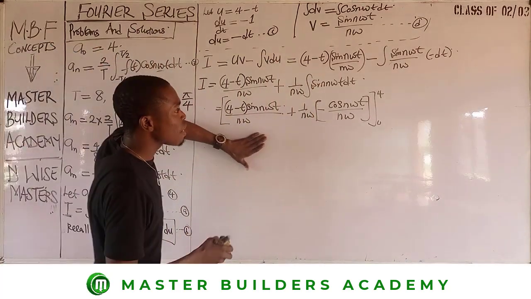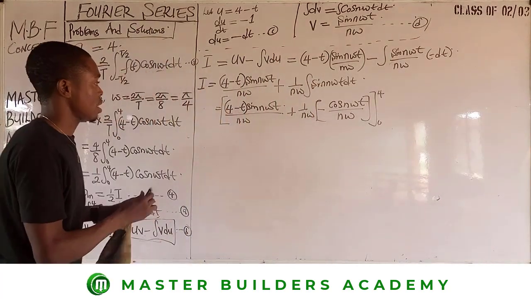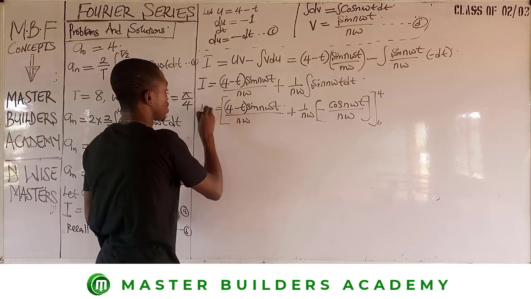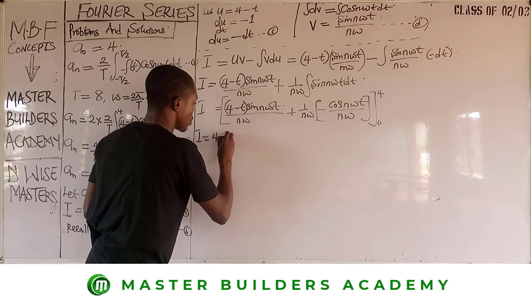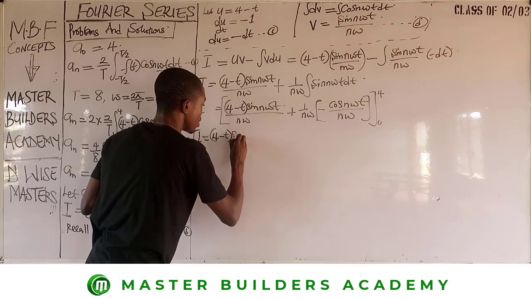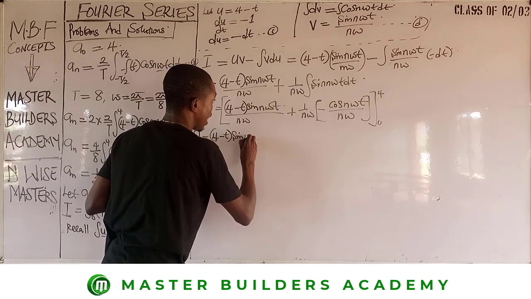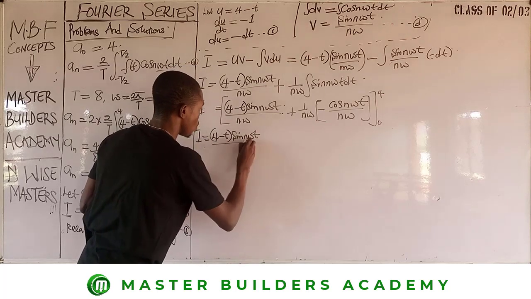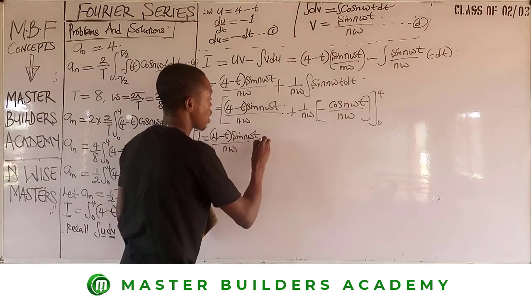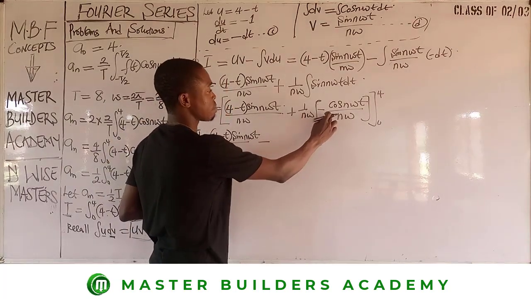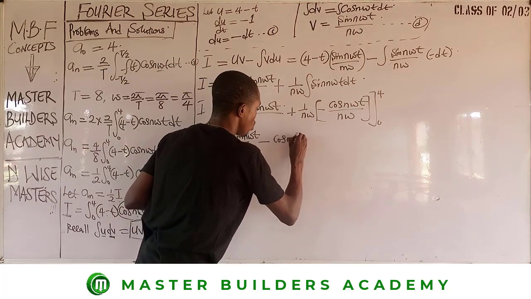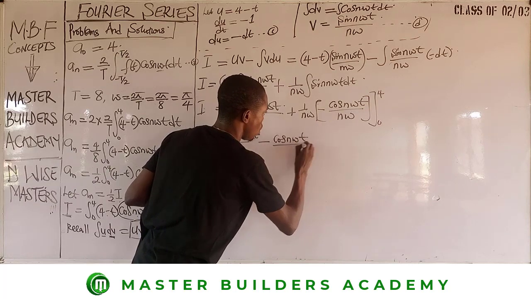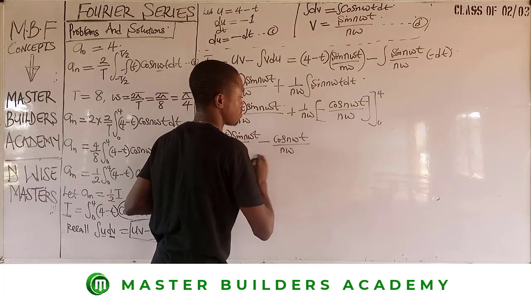So when we simplify this function, guys, our result, remember we are calculating for r, would have become (4 - t) sine n omega t over n omega, minus, plus times minus will give us negative cos n omega t all over n omega.